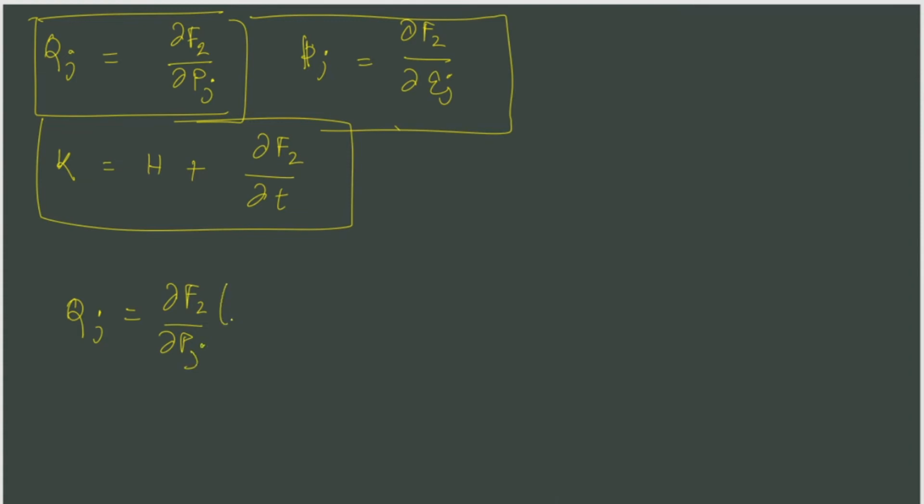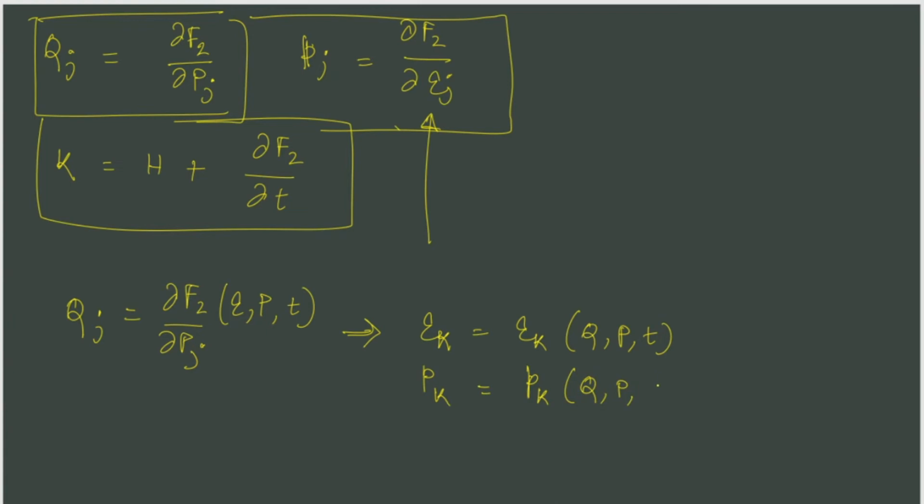Now this is a function of Q, capital P and T. So if you invert that, you get the old coordinates in terms of the new coordinates, and then you can substitute that in the remaining equation to get the old momenta in terms of new coordinates and momenta.